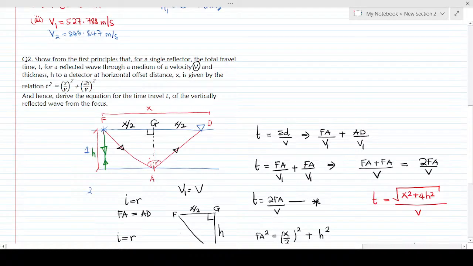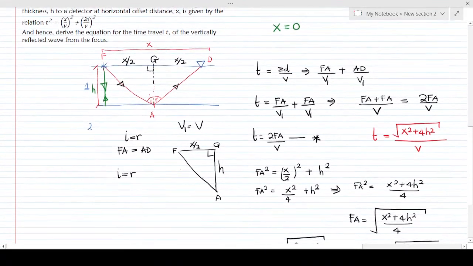Now we can use the relation that we've gotten. When the reflection hits like this, it means that x is equal to 0. Do you get it? The wave hasn't traveled through this distance x. So if the wave is reflected directly at the focus vertically, it means x is equal to 0.